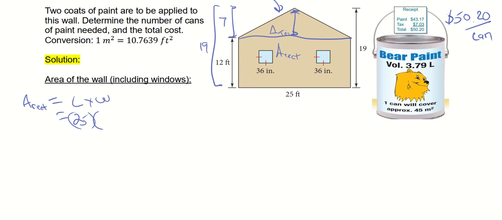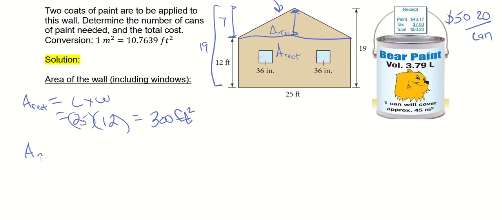Okay, 25 times 12, because this part here is 25 across, and up here is 12, and that is going to equal about 300 feet squared.